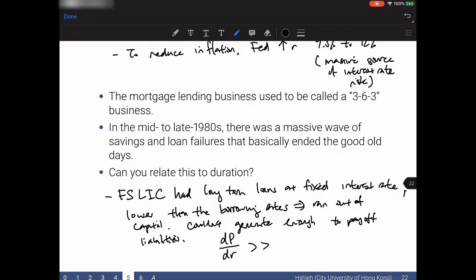Sorry, it should be the other way around. Right, so increases in interest rates will decrease the value of those loans, because, again, from the duration perspective, the higher the interest rates, the longer it takes for those cash flows to be received.